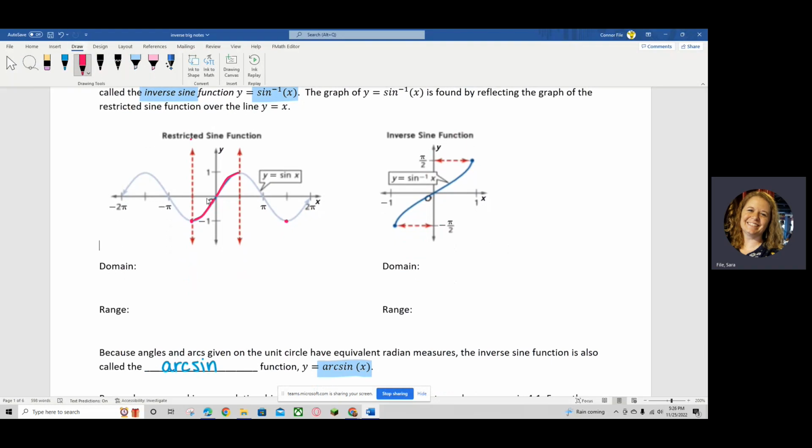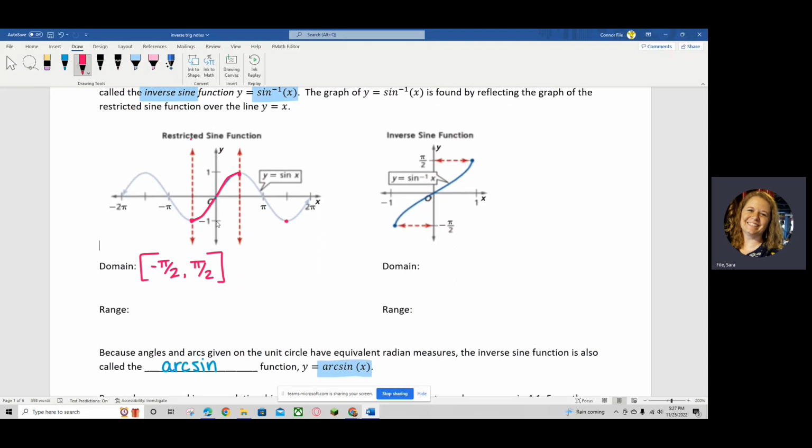All right, so we're going to go ahead and fill in that domain and range that I just mentioned. For the original sine function, the restricted domain we're talking about is from -pi halves to +pi halves. Those points are included, so we would use brackets in interval notation.